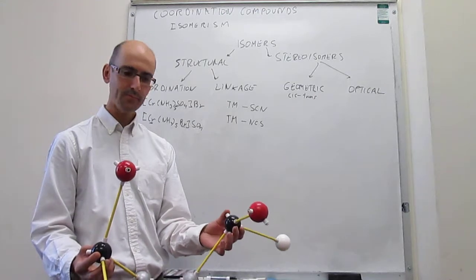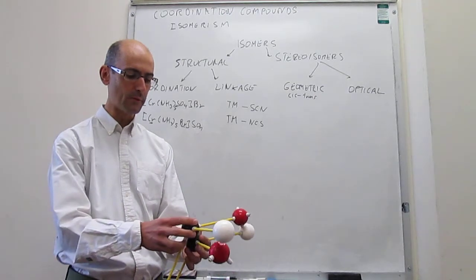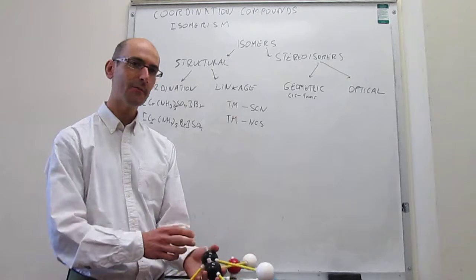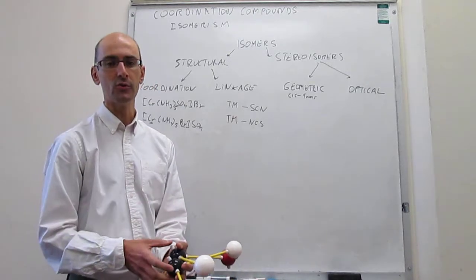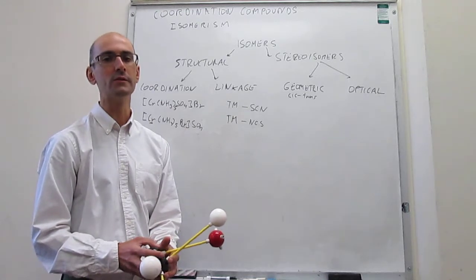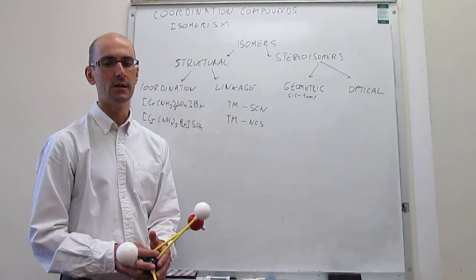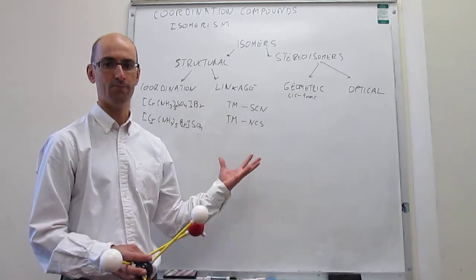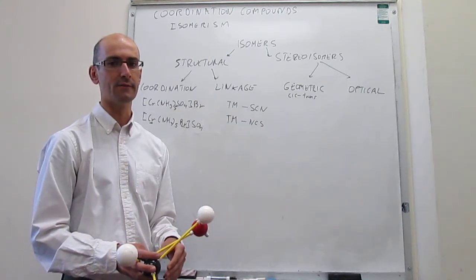So that has quite a bit of importance as well. All right, so this video has shown you a few of the classes of isomers that are available, and we have mostly used here transition metal complexes to illustrate those types and classes of isomerism.